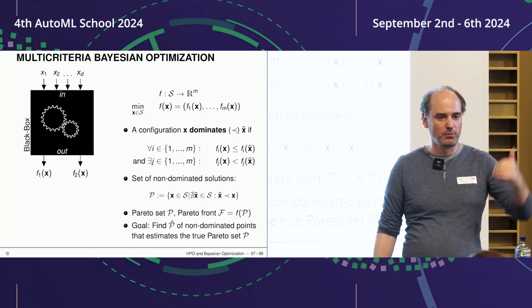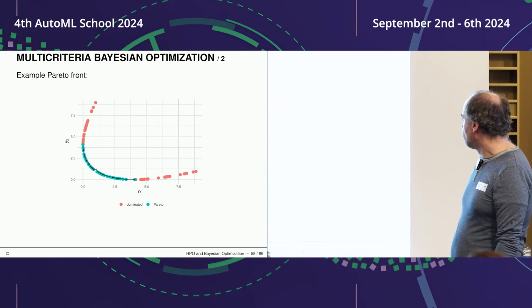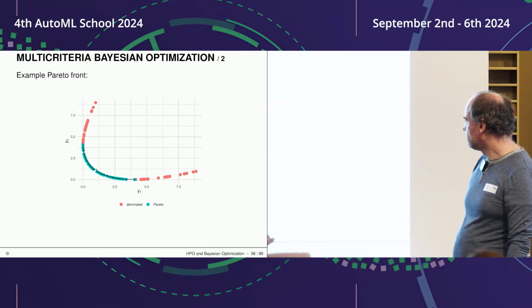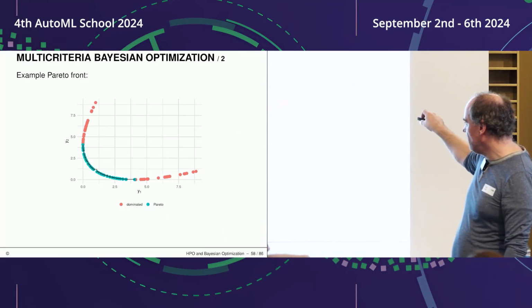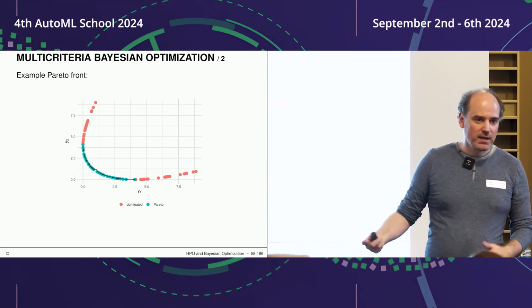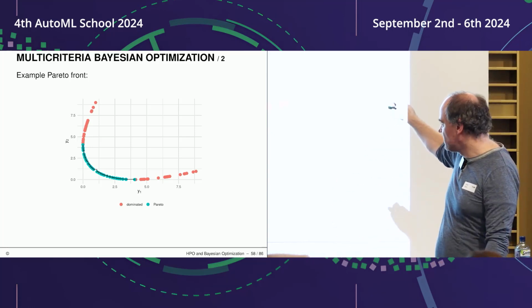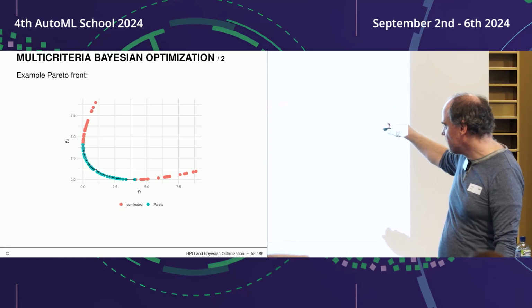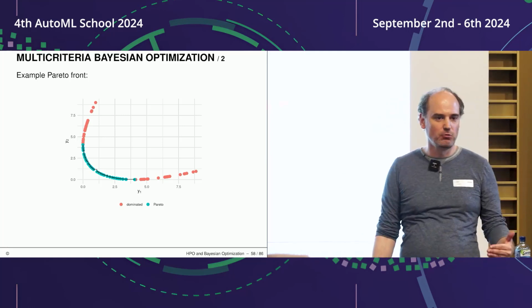I'm talking now about the performance values. So maybe I have a point here, I have a point here, and I have a point there. And as always, I want to minimize things. So maybe these performance metrics would be non-negative, so the optimal point would be here in 0, 0.